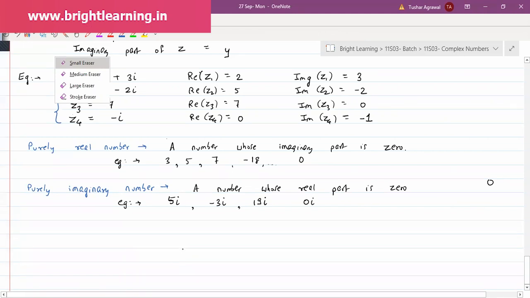So where should I write it? 0 is included among the purely real numbers. That is just a convention; there is no reason for it. So all numbers whose real part is 0 are called purely imaginary numbers. The only exception to this definition is the number 0 itself.